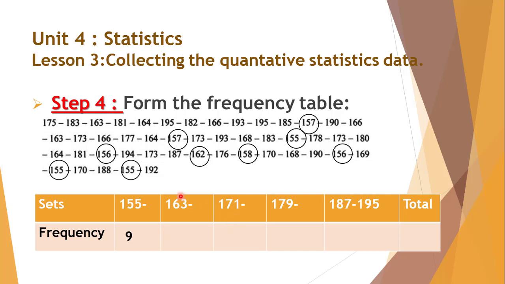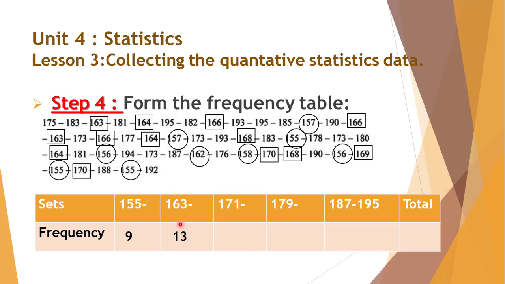So let's count together. 1, 2, 3, 4, 5, 6, 7, 8, 9, 10, 11, 12, 13. So we have 13 numbers between 163 and 171, and this is the frequency.